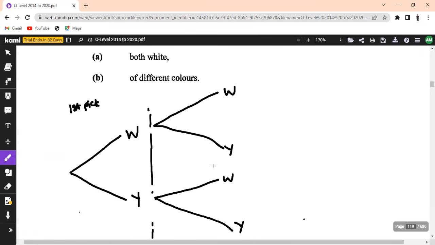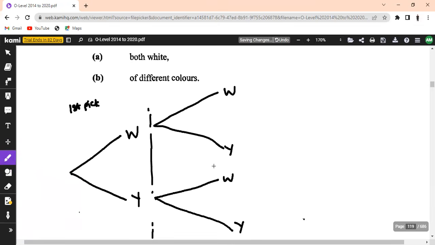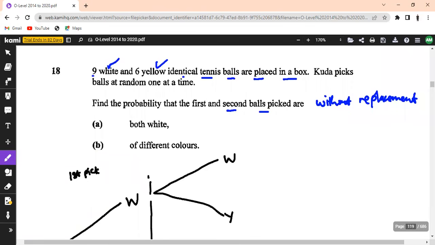All right, so now from this concept, remember guys, without replacement, make sure that you watch the video that I made on probability. Yeah, you can understand this much better. All right, so the first part, how many white do we have? We have got 9, which are white in this case. So white is 9. Out of the total, you add these two, 9 plus what? 6. So if we add, we are going to obtain 15. All right, so this is going to be 9 out of 15.